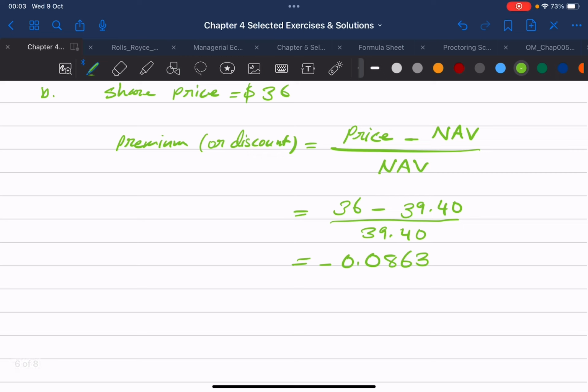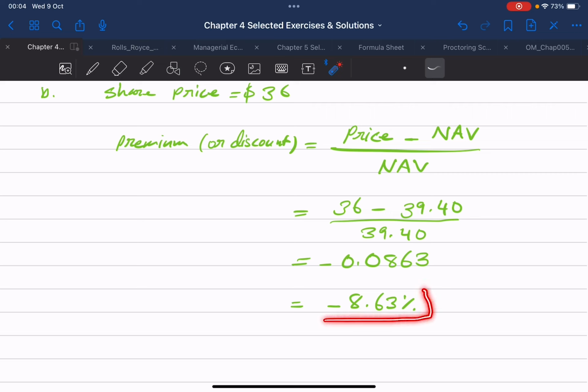All right. If we transform this into a percentage, we multiply it by 100, and that would be minus 8.63%. Okay.